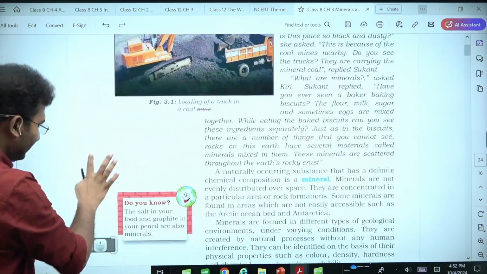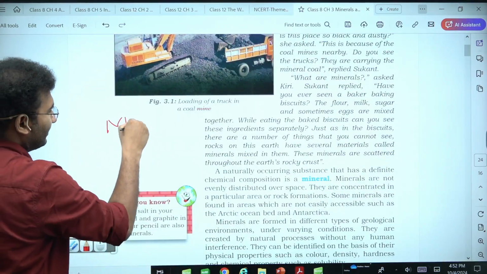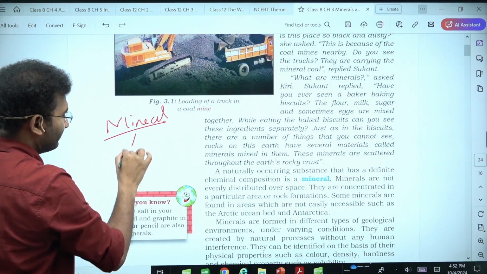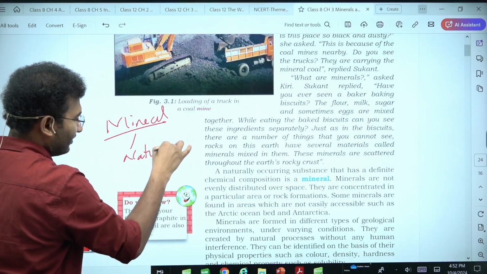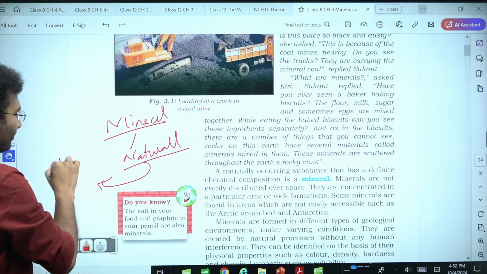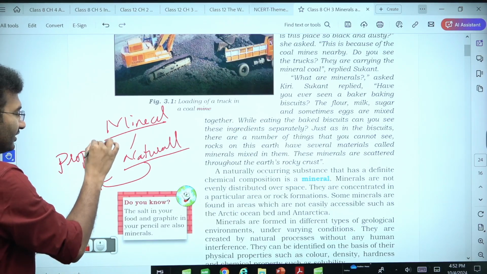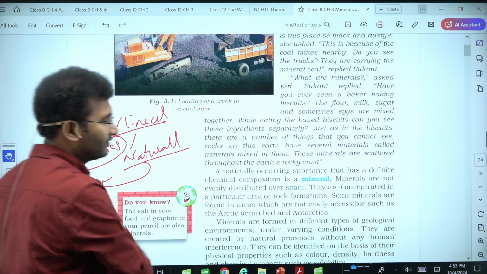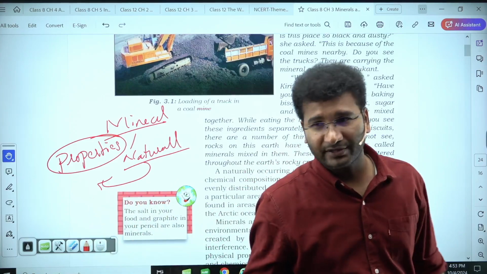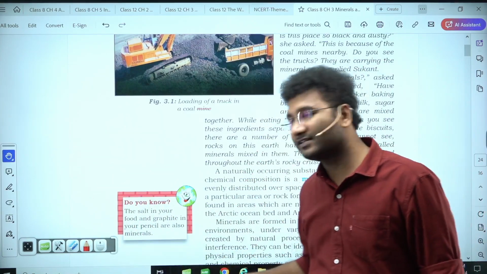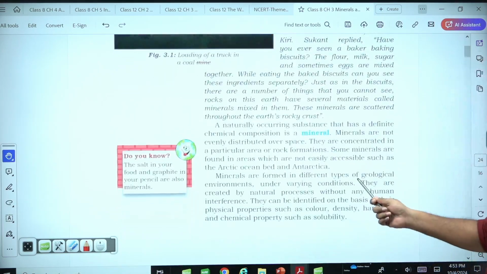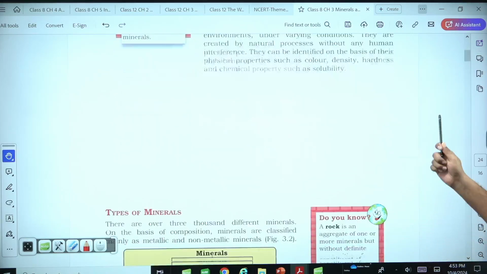But here it says that a mineral is a naturally occurring substance, something which occurs naturally, and this has definite properties. What are these properties? These properties can be your chemical properties and physical properties, right? A mineral always has a value, right? So a naturally occurring substance that has a definite chemical composition is a mineral.